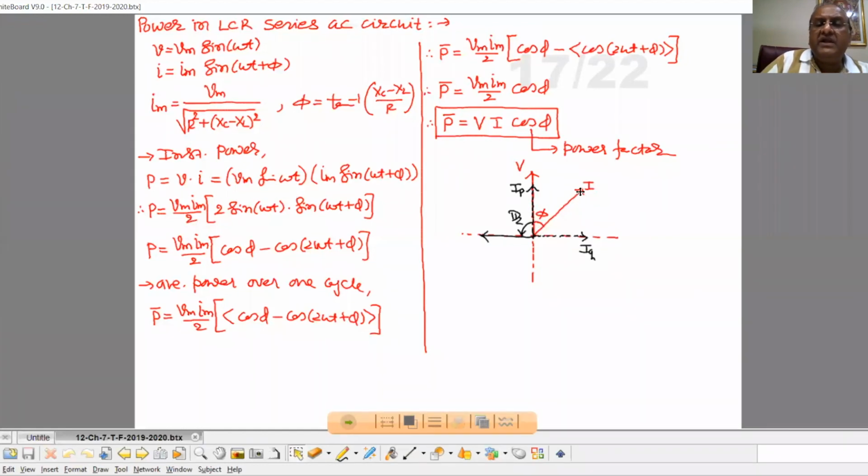So now we can take two components of current. One is IP, another one is IQ. Now see here, this IQ is called wattless current, because that is perpendicular to voltage.